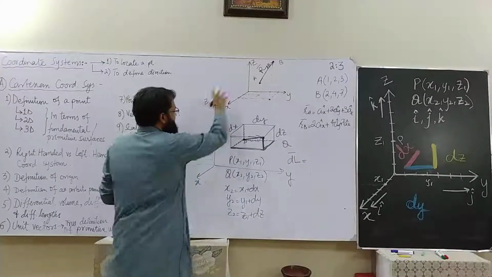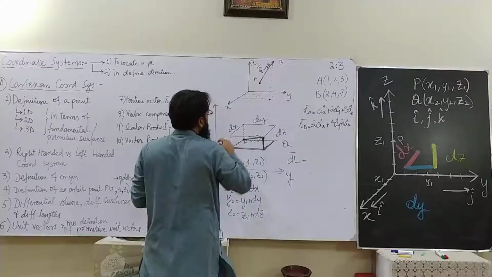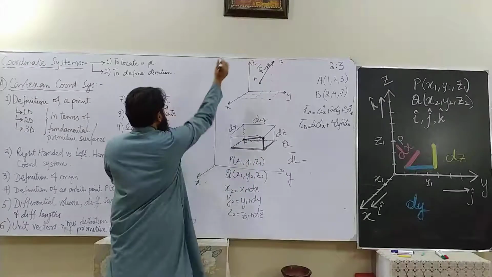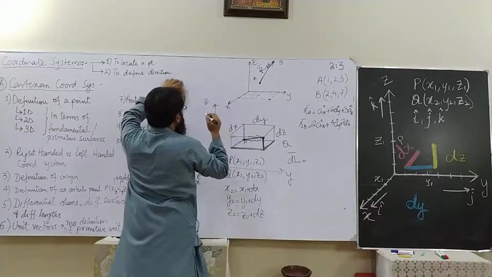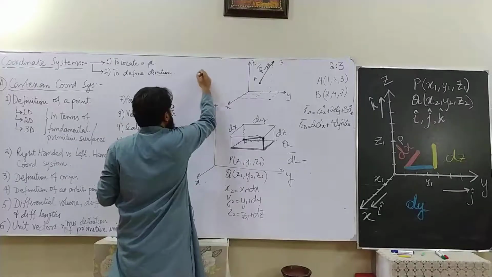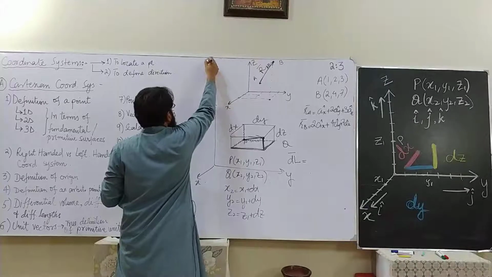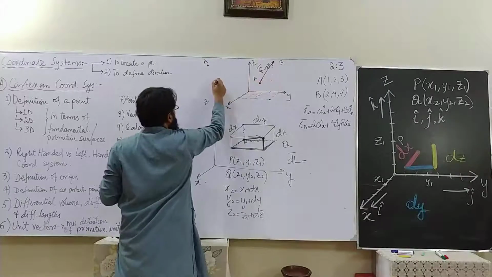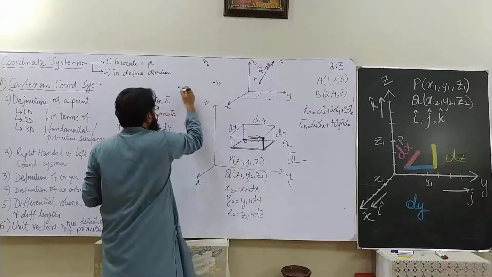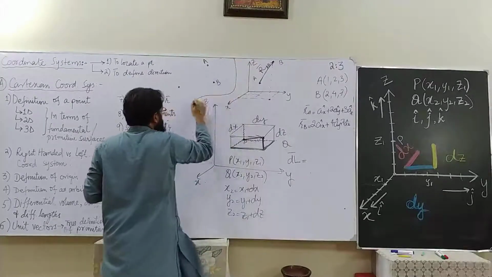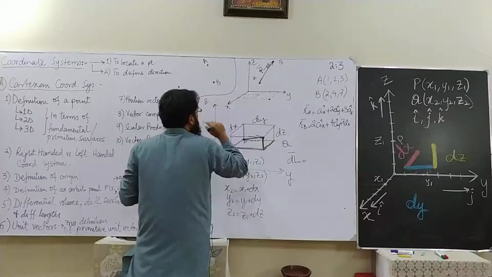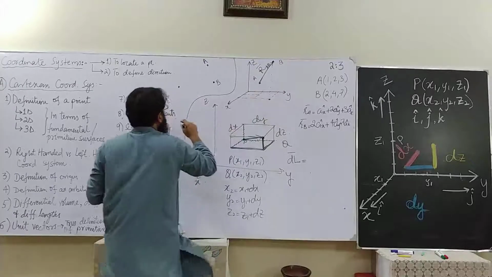Okay, this is the three-dimensional view, which may not be that easy to appreciate, so let me draw it in a simpler fashion. We have point A, same coordinates, and here we have point B, and this is the origin. Now I'm drawing a different picture just to show the way to calculate this RAB.